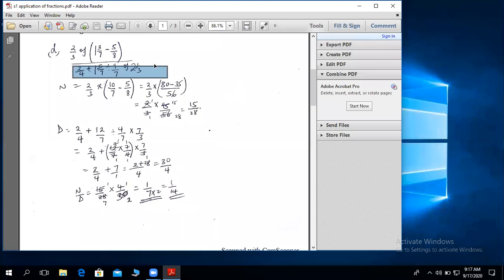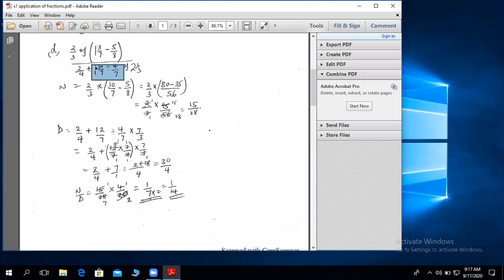So, when we look at this, bracket of, if we say of means multiplication, bracket of division. So we are going to first deal with division, which is this one here. And that's why I have decided to put it in bracket.